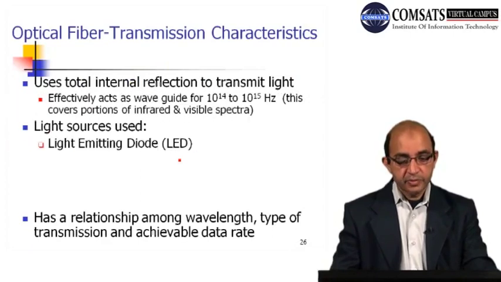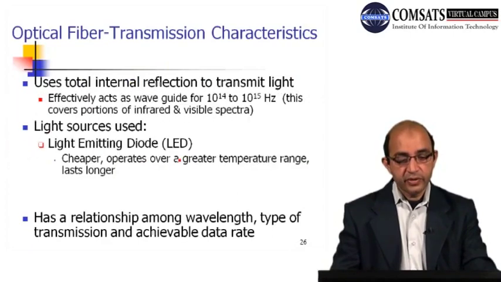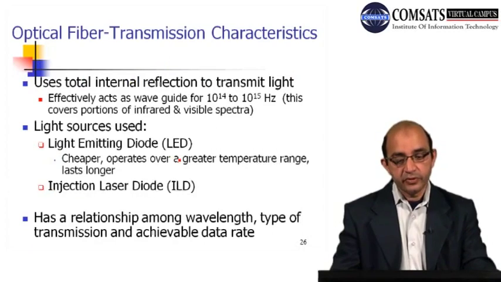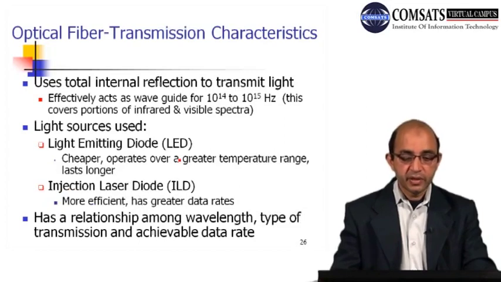So these are the transmission characteristics. We use the principle of total internal reflection in order to transmit light. In order to convert data into light, we use light sources, LEDs, light emitting diodes, and then we have an injection laser diode.